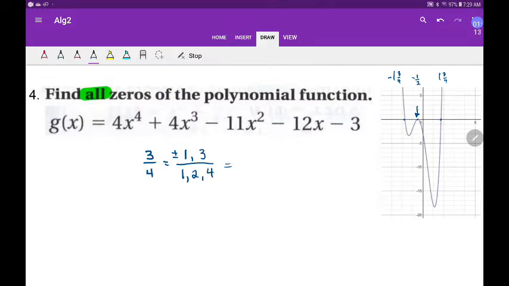So I have possibilities plus or minus 1, plus or minus 3. Then divided by 2, I get 1/2 and 3/2. And divided by 4, I get 1/4 and 3/4.